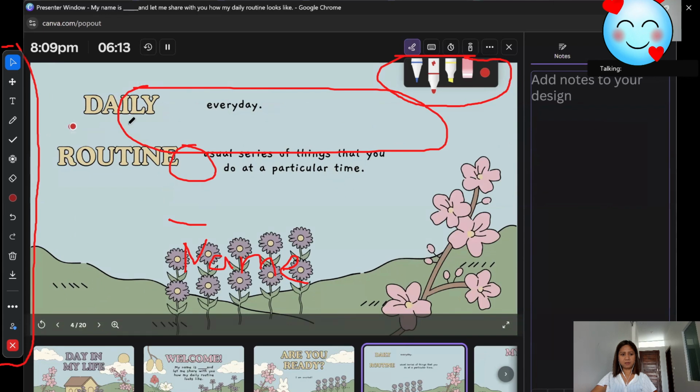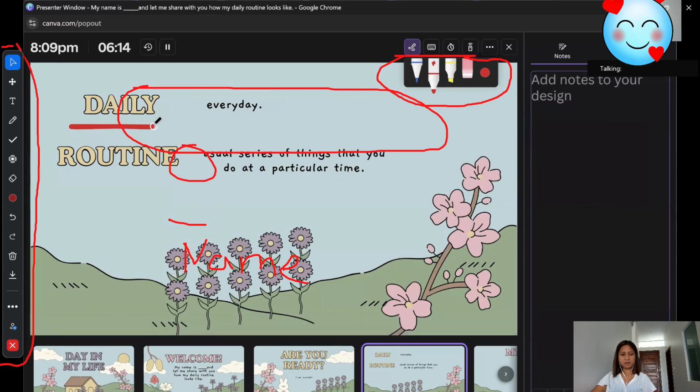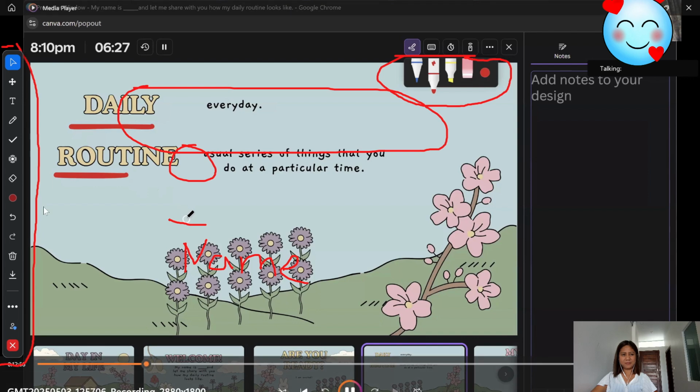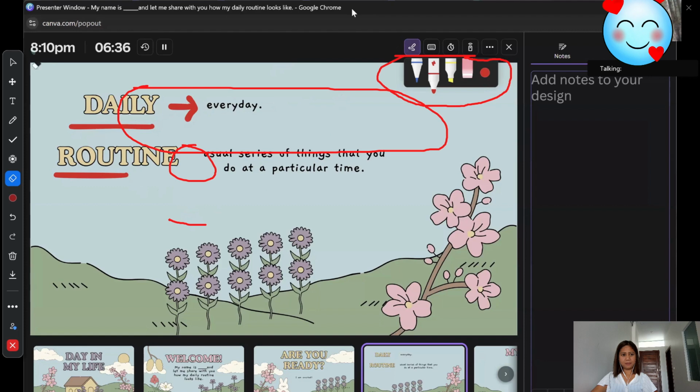So this word, Aisha, can you please read it again? Daily. Okay, daily. Good. And this? Routine. Very good. So daily means, can you read, please? Every day.